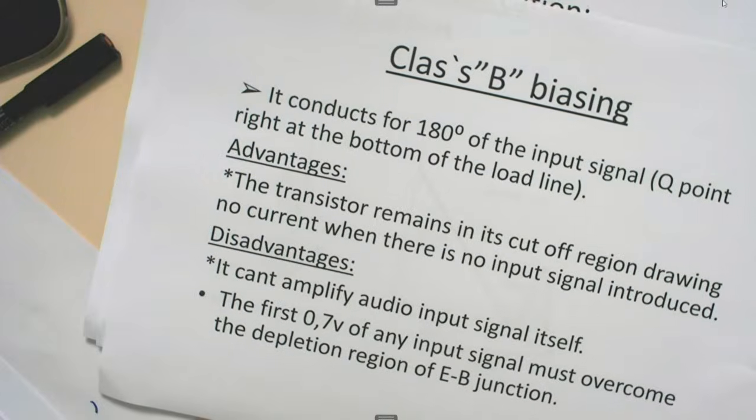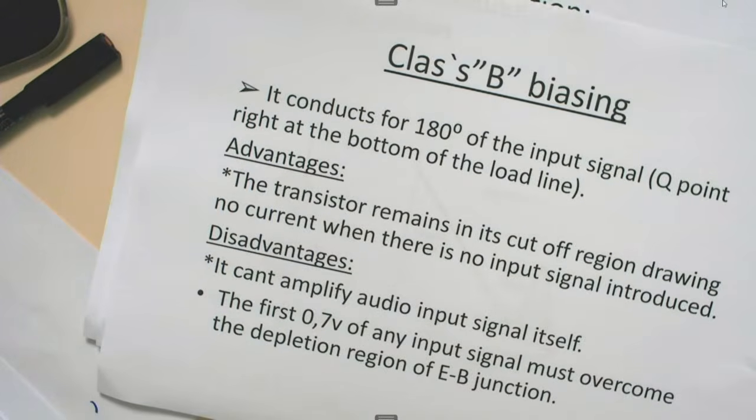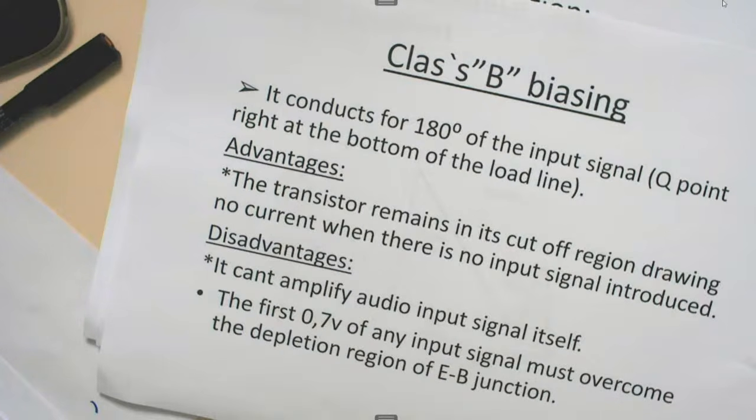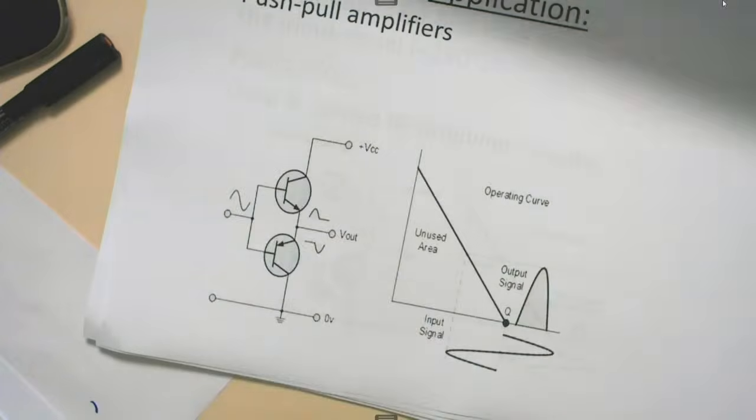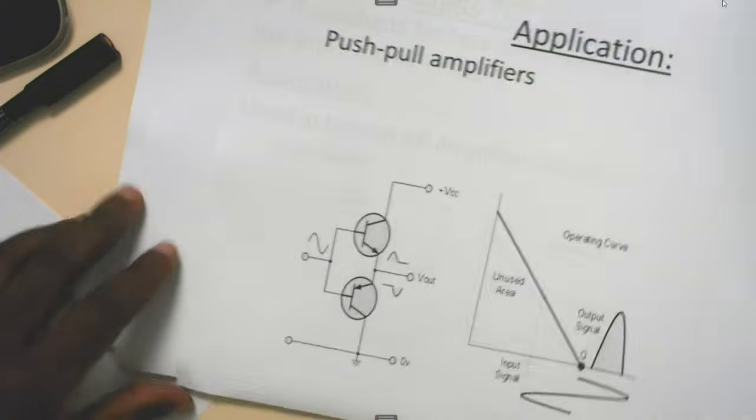The disadvantage is that it can't amplify an audio input signal by itself. The first 0.7 volts of any input signal must overcome the depletion region of the base junction. Here is the circuit, as we've said.